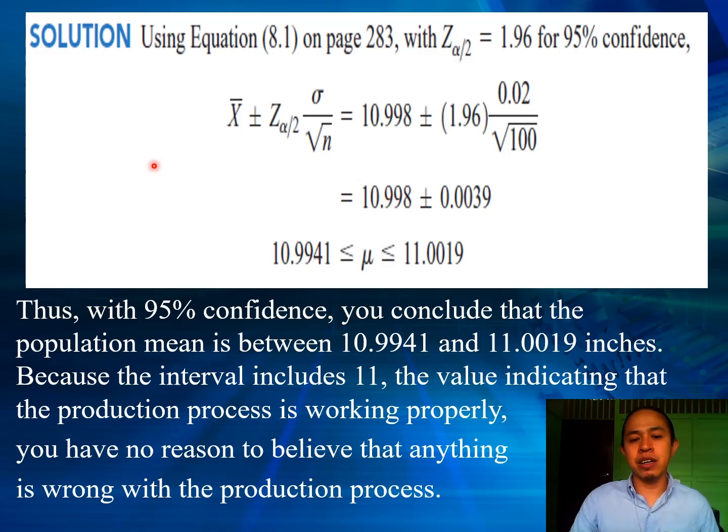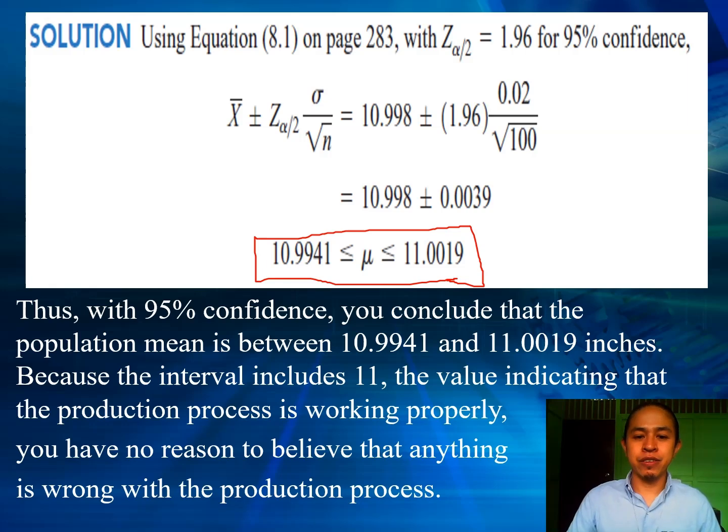If we do our mathematics here, we come up with this particular confidence interval estimate: the length of the paper has a lower value of 10.9941 and an upper value of 11.0019, which means that the population mean is greater than or equal to 10.9941 but less than or equal to 11.0019.